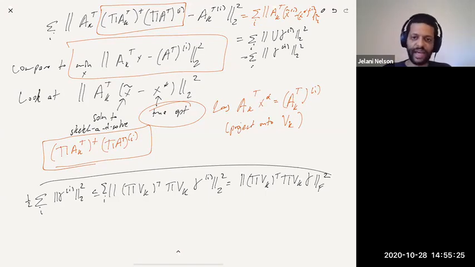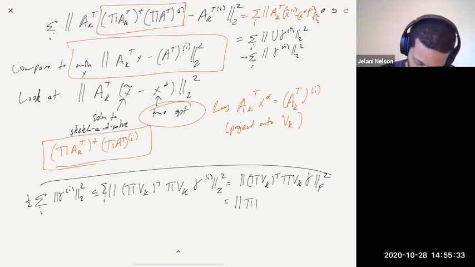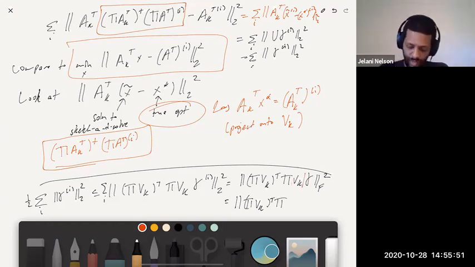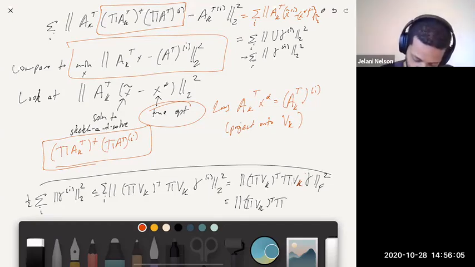Right, and then now what we say is that this thing is equal to pi V_k transpose pi, and then we replace this with W. So pi W and pi beta.